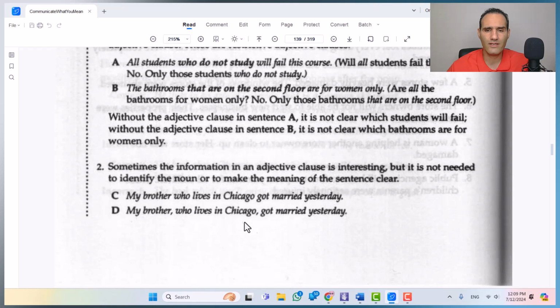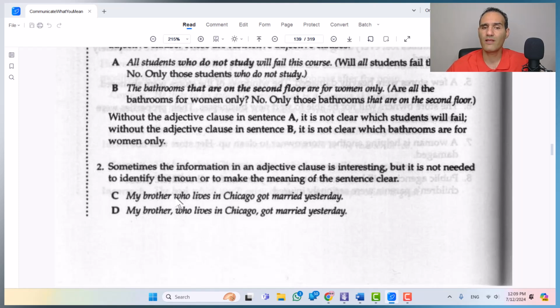It is unnecessary. It is the thing that the speaker and the hearer both know, that the guy has just one brother. That's why it doesn't matter to say that brother who, because there is only one brother. So this is an unnecessary adjective clause. These two commas indicate that the speaker has just one brother, but here there are more than one brother, and he or she wants to say my brother, that one who lives in Chicago, not the one who lives in Vancouver, not the one who lives in Europe, not the one who lives in Taipei or whatever.